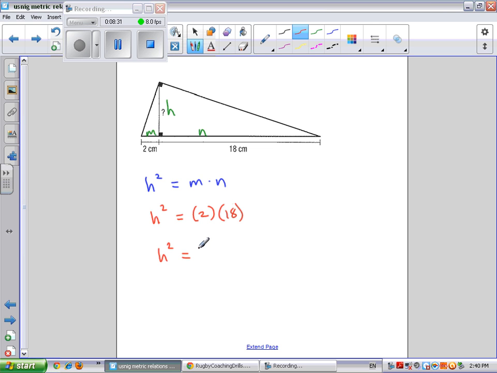H squared would be equal to 36. And then in order to isolate h, square root both sides. H is equal to 6 centimeters. I guess that was pretty fast, but once you figure out the right relationship to use, it's just about substituting and solving for your unknown.